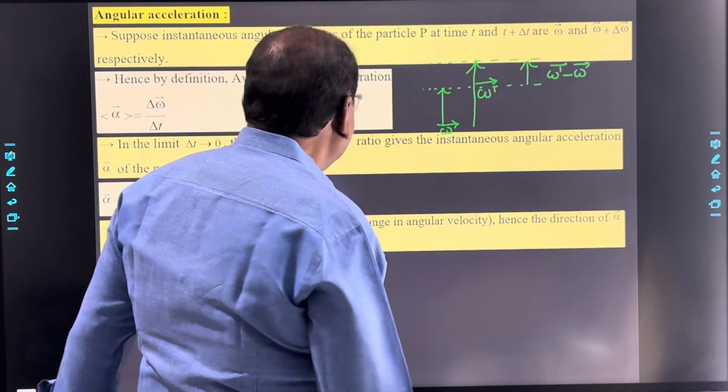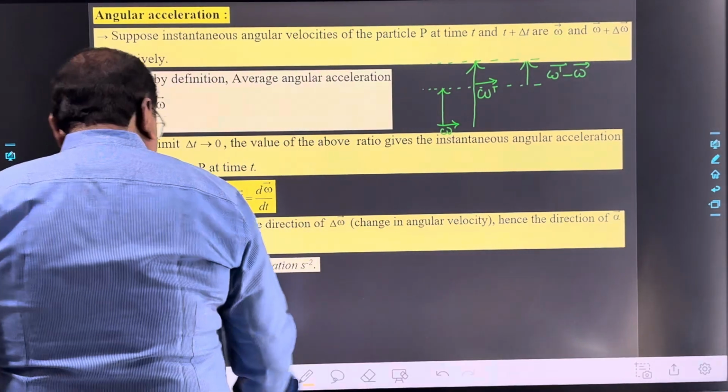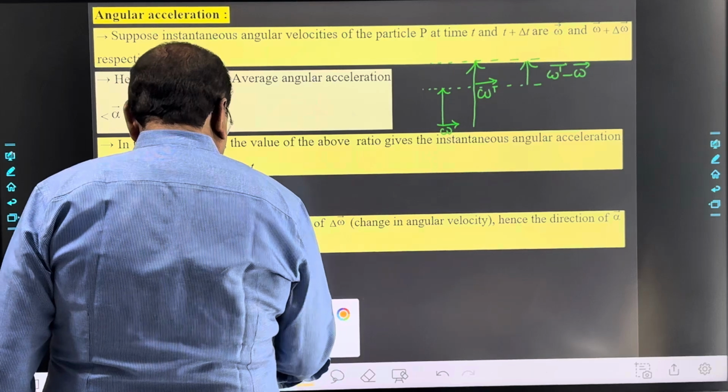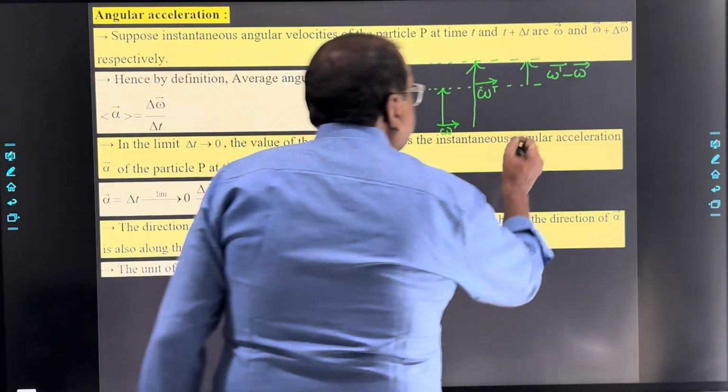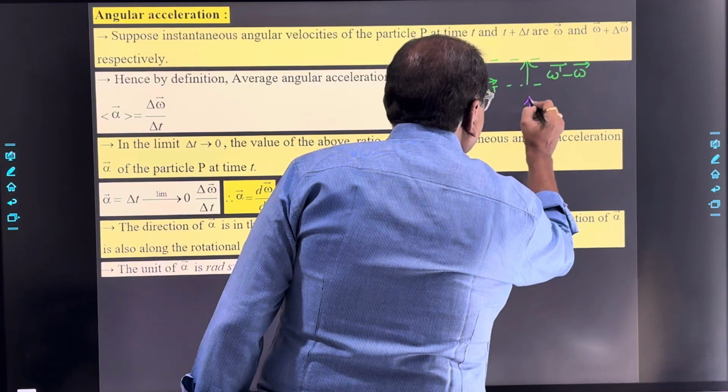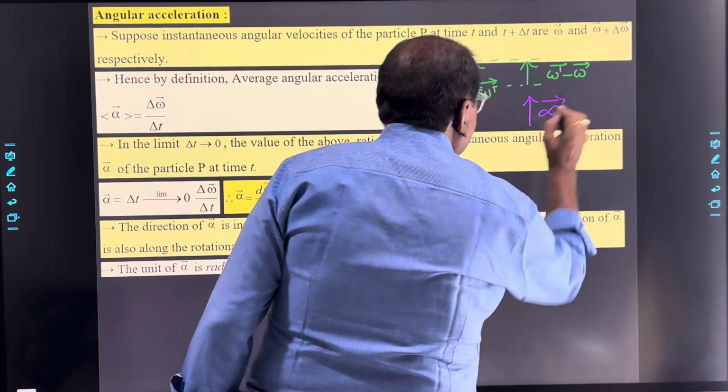So the direction of alpha will also be this one.